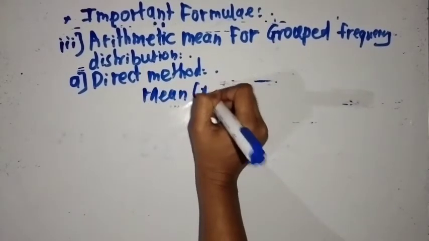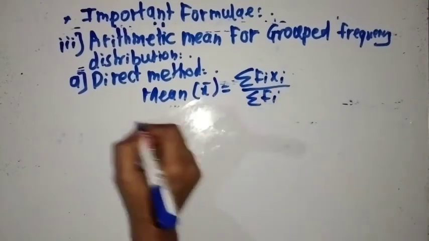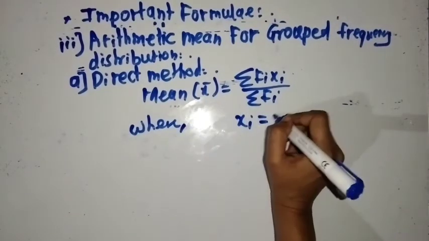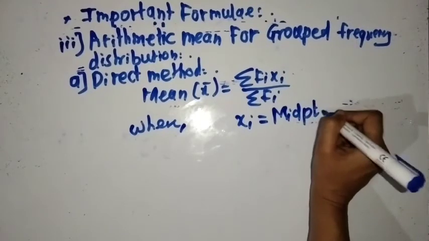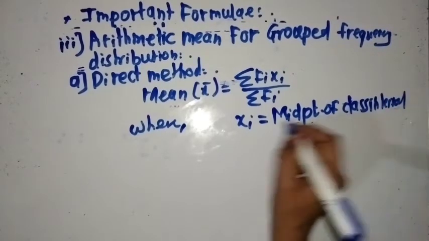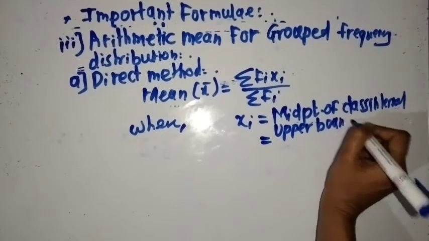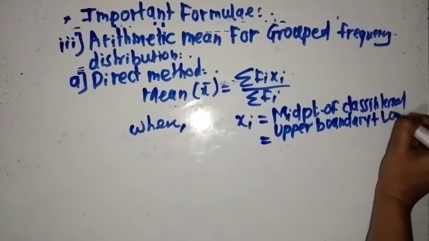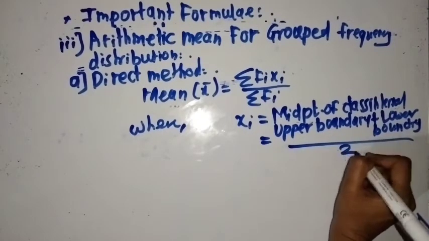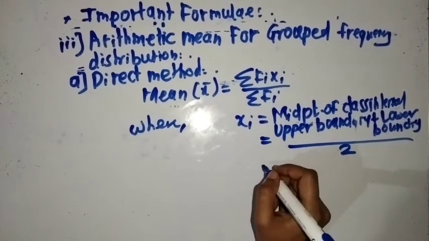Here mean x bar is equal to summation of fi xi upon summation of fi, where xi is equal to midpoint of class interval and is equal to upper boundary plus lower boundary upon 2.